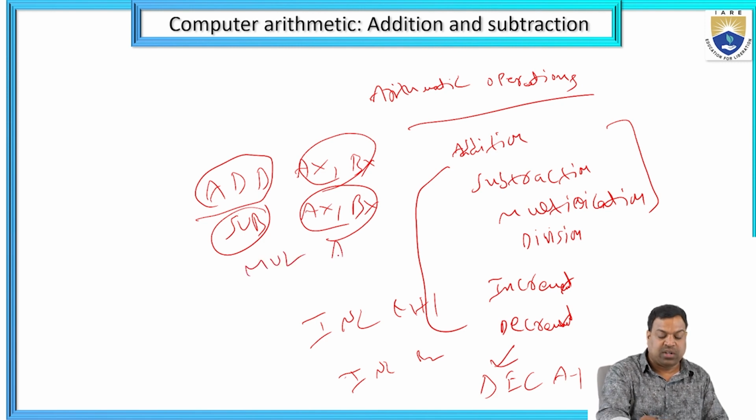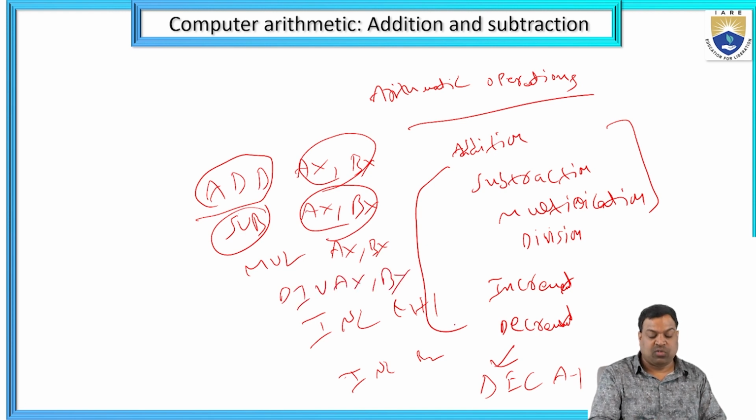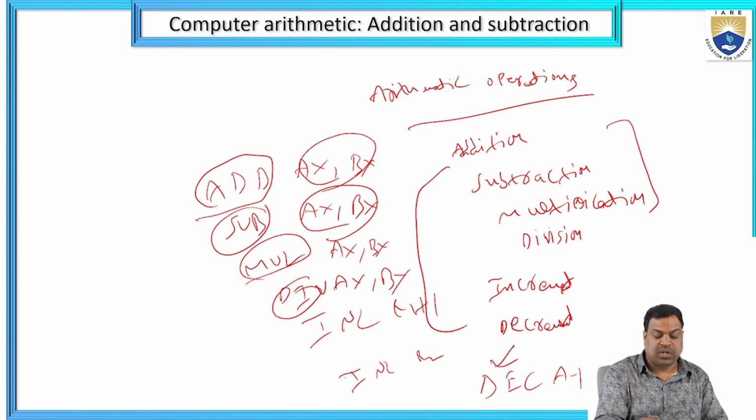Otherwise, I can take MUL AX, BX or DIV AX, BX. So arithmetic operations mean addition, subtraction, multiplication, division, increment, and decrement. These are the examples. So we are doing these arithmetic operations through the instructions.